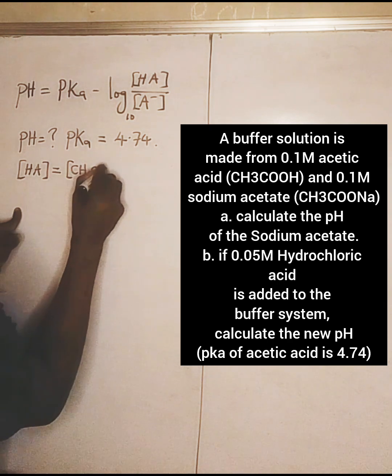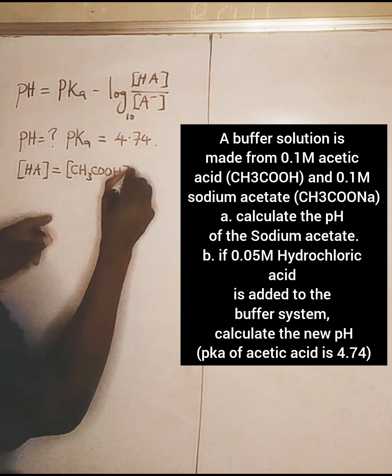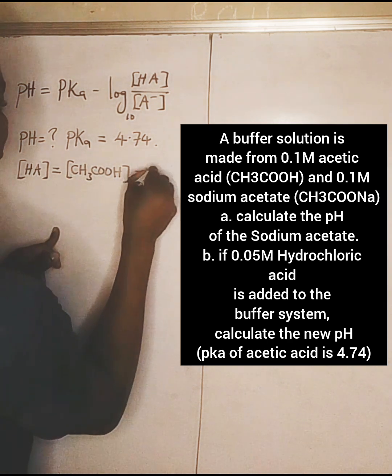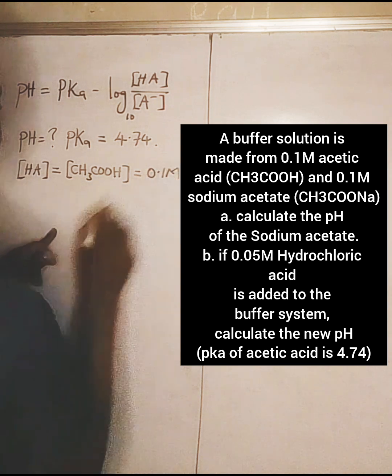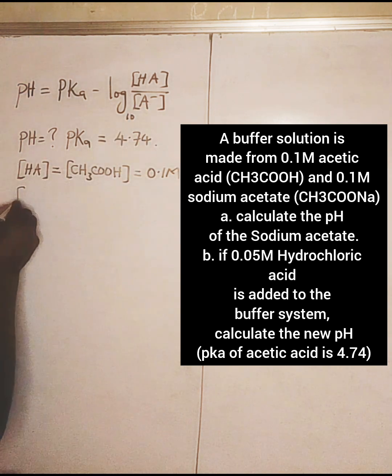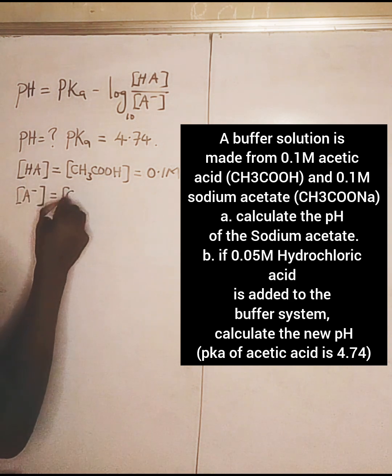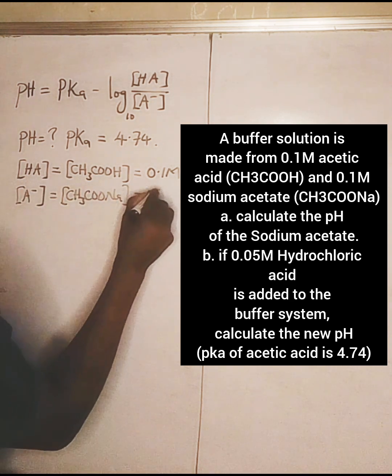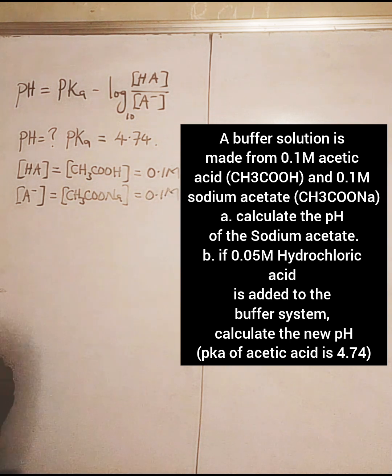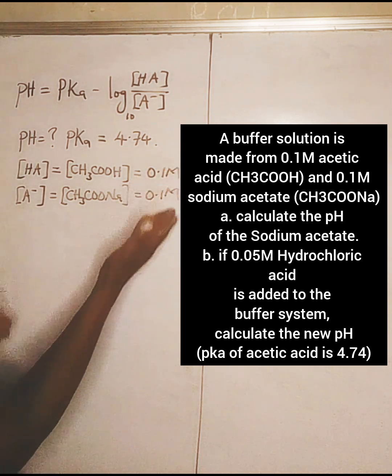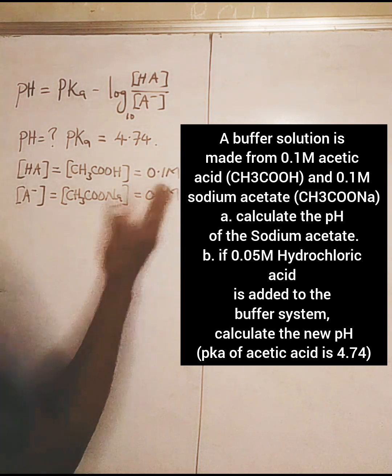The acid in this case is acetic acid. It was given as 0.1 molar. This is the concentration of the conjugate base, or the salt of the conjugate base, which is sodium acetate. It was also given as 0.1 molar, so they are equimolar, of equal concentration.